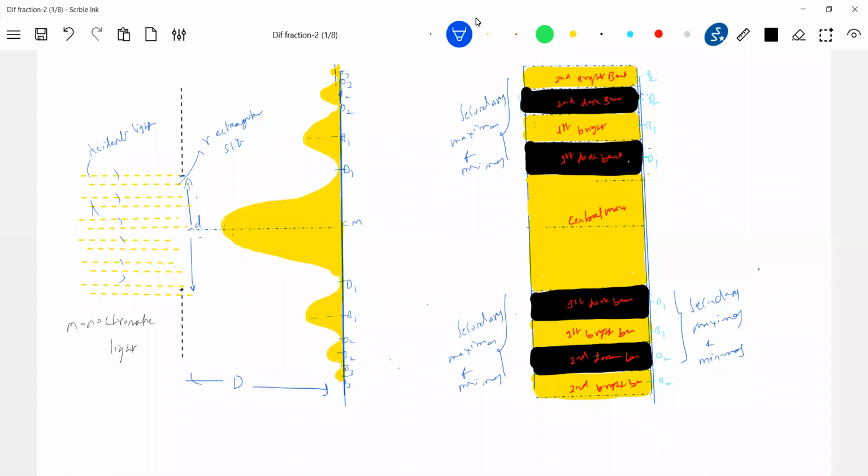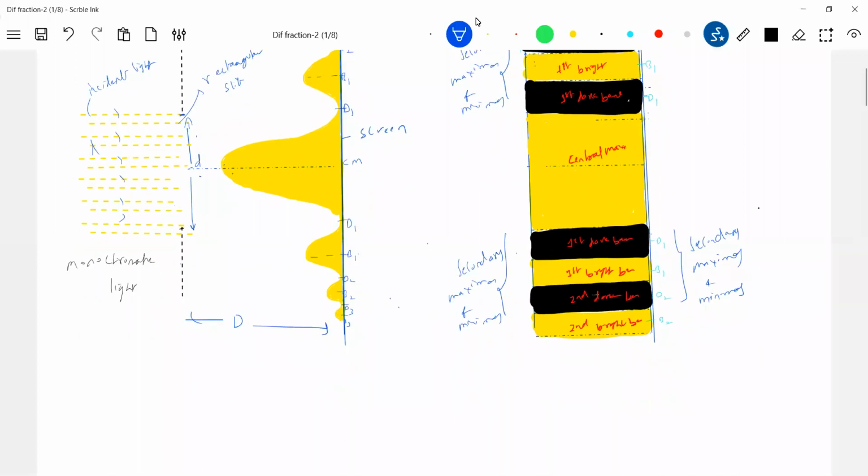If I vary the width of the slit, what will happen to the pattern? As you vary the width of the slit, the distance between the slit and the screen, and the wavelength, what conditions will arise? So we are going to ask ourselves a few questions.